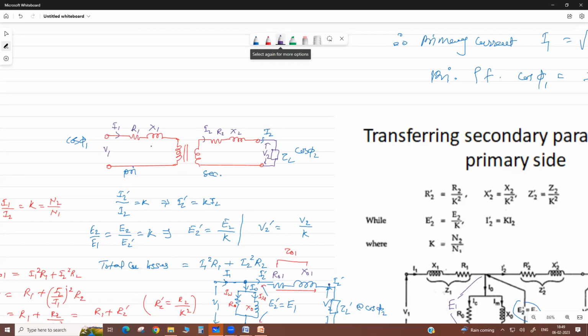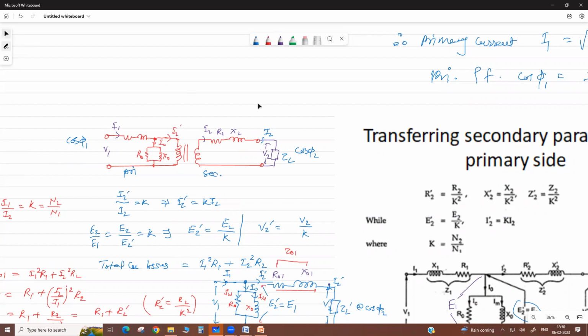Correct, no? Here is the resistance and leakage reactance, then here you put the magnetizing branch also. This is your R0, X0. This is I naught. This is I2 dash.